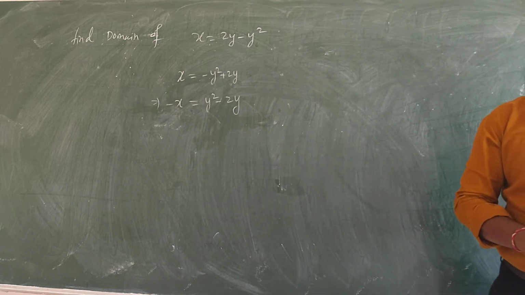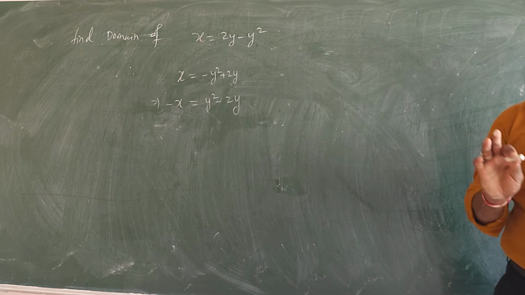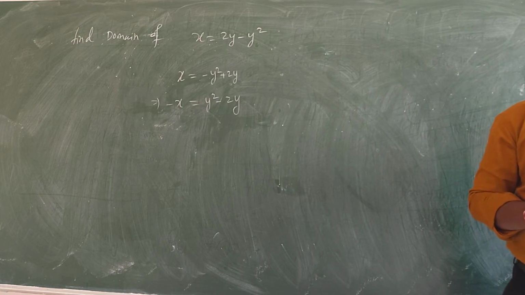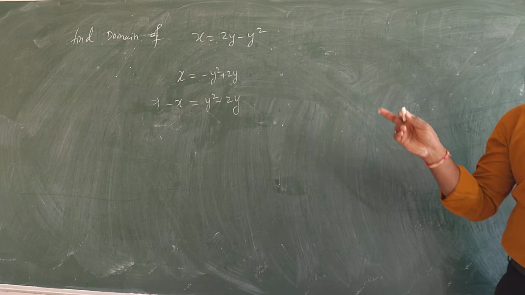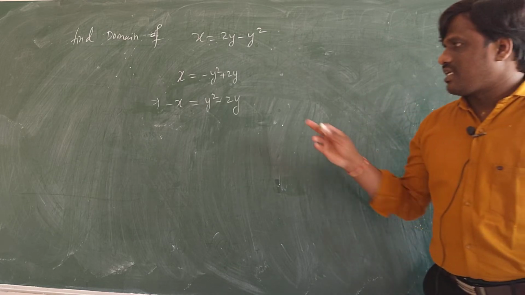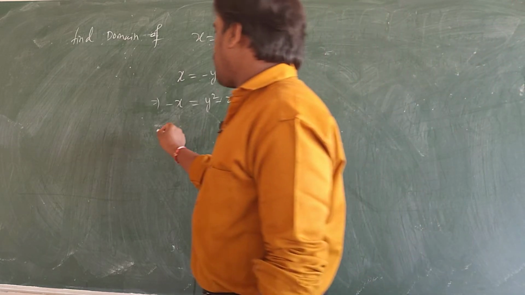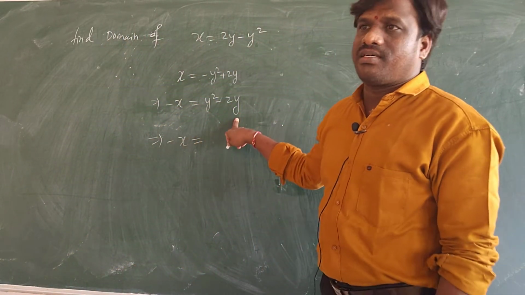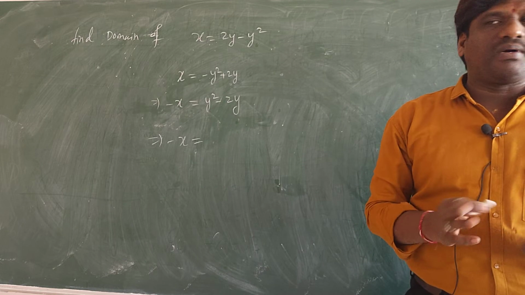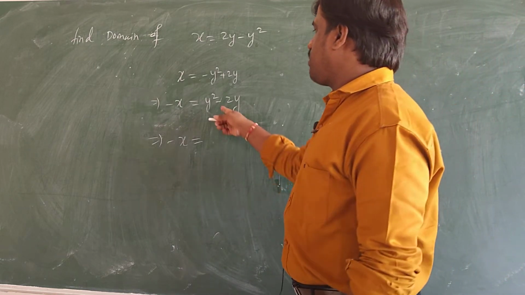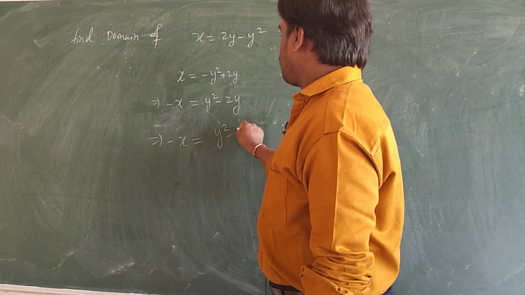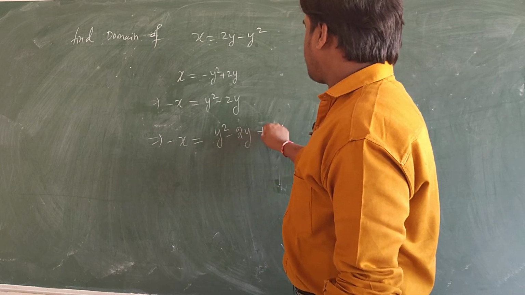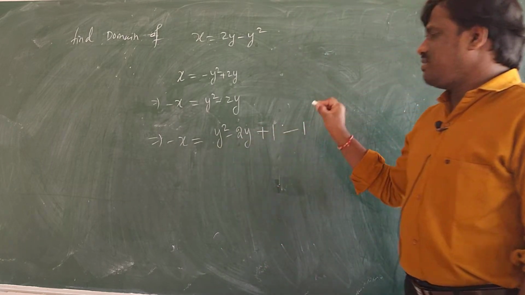At that time I made y a perfect square. If I make a perfect square, then this will work. So that is what I am going to do now. I have to make y the subject, and since y square is there, I have to make it a perfect square. So here, y square minus 2y, can I write plus 1 and then minus 1?